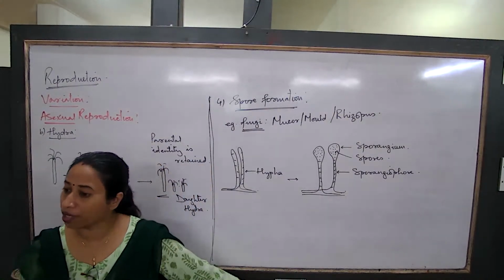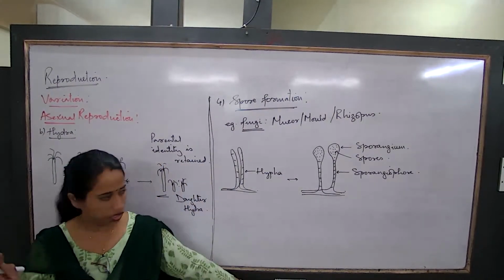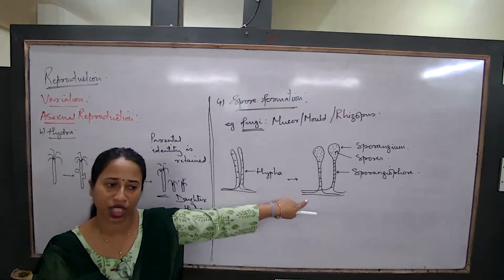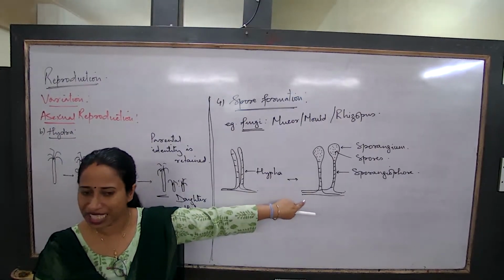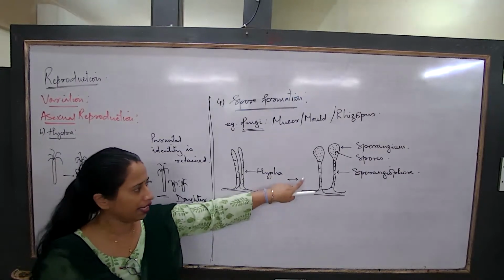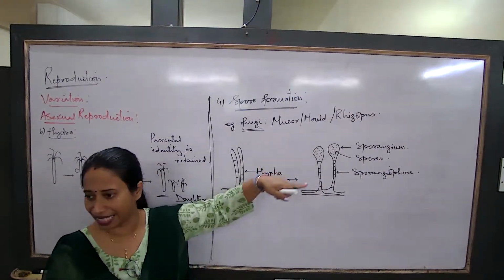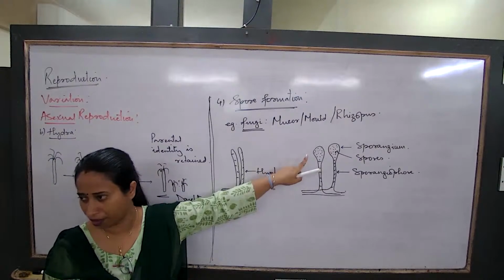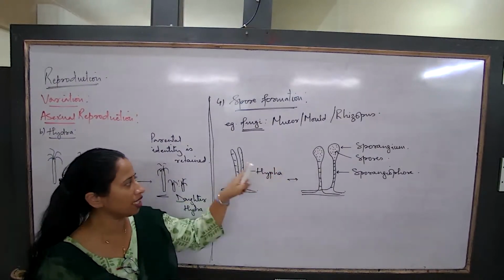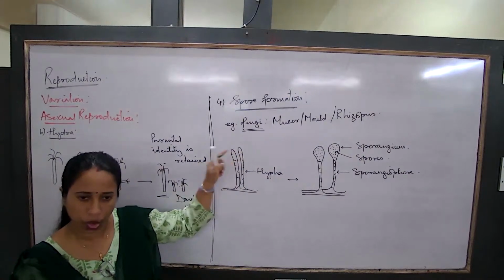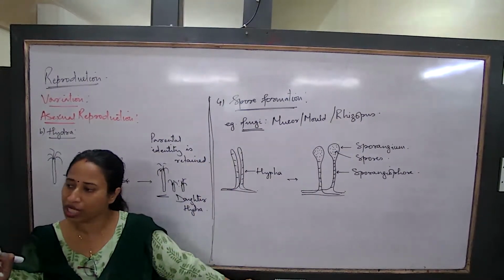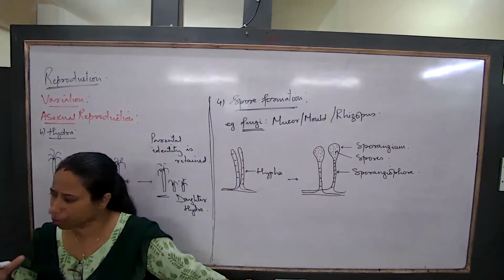So now when we are talking about this, these fine hair-like structures, what are they known as? Hypha. Now when this hypha gets matured, it is not the entire structure that shows multiple division of the nucleus, it's only one cell which will show multiple division of the nucleus. And now the nucleus results in the formation of a large number of nuclei.